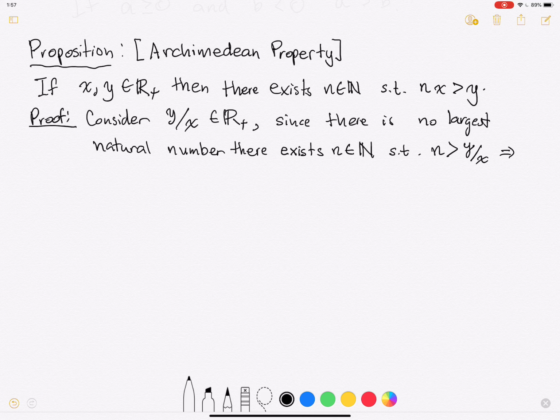This implies nx greater than y, thus completing our proof.